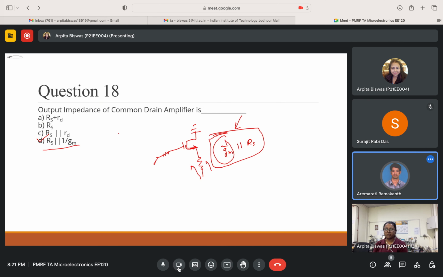Have you understood it? Yes, madam. This is RS plus or RS parallel with the 1 by GM. Madam, it's RS parallel with 1 by GM, madam. Okay. You can also recheck it. It is plus or parallel. Convert to the AC signal circuit and then calculate the output impedance.